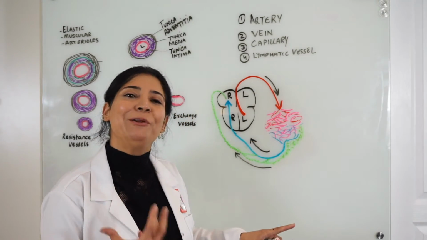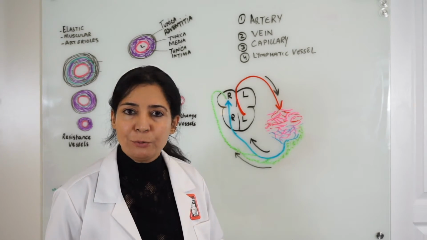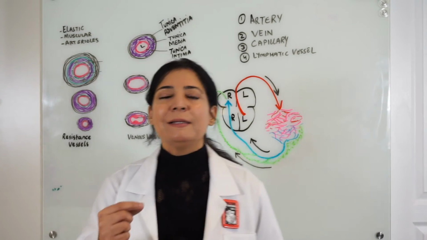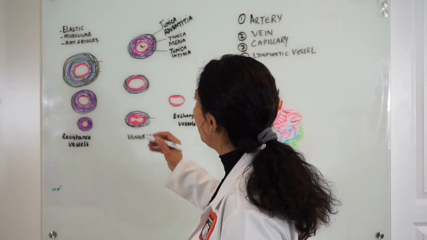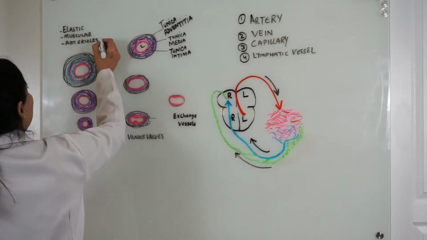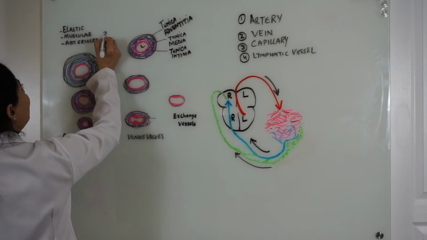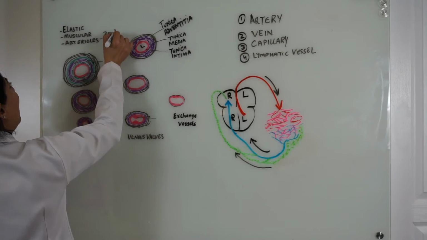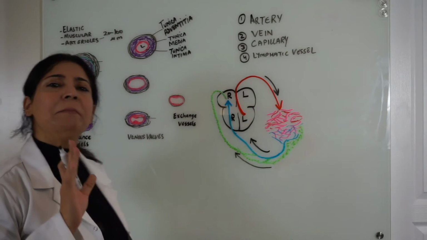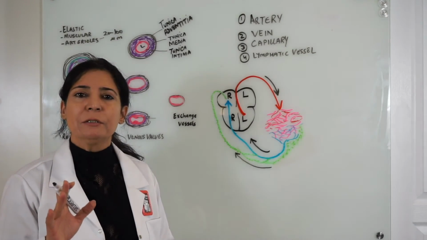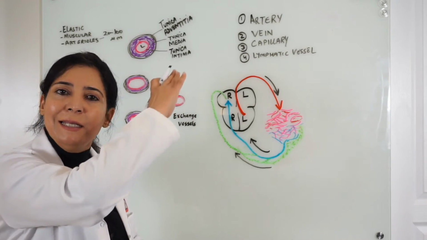The capillary bed is being fed by a set of arterioles, and the arterioles are the smallest form of arteries. Let me mention the diameter. The arterioles are basically 20 to 100 microns in diameter. Okay, and that is the end of the arterial chain.